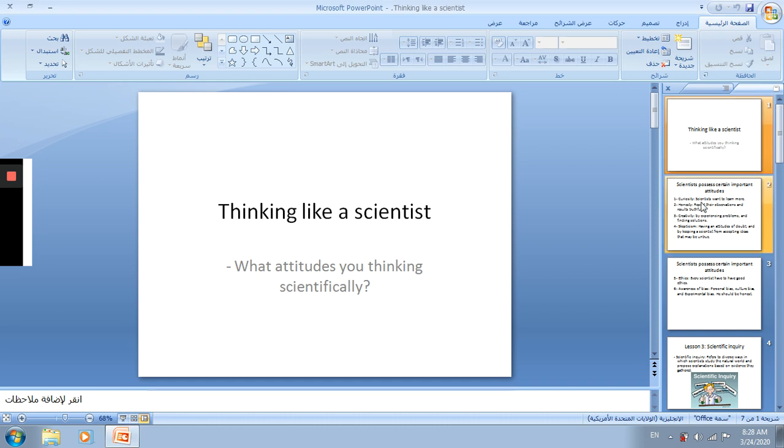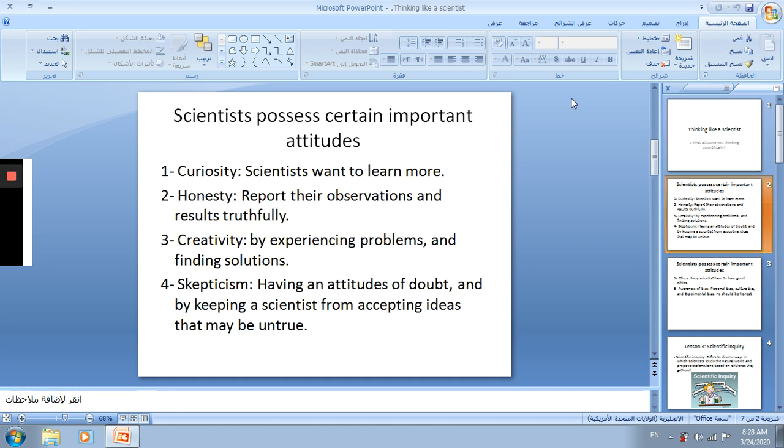So here, suppose you are a scientist. How do you think about doing experiments, about seeking to do something that could reflect its benefits to the world?